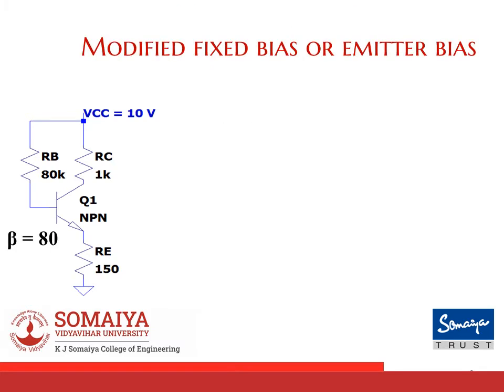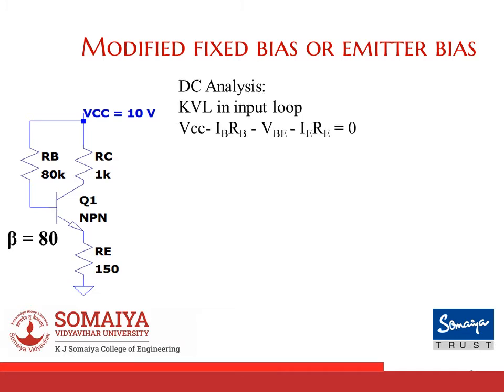Now the analysis for modified fixed bias or emitter bias. We've already seen the KVL equation. We'll use the KVL equation to find IB. So the KVL equation: VCC minus IB RB minus VBE minus IE RE is equal to 0. I can split IE to be written as IC plus IB. Further, I can write IC as beta times IB so that I have all the currents in terms of IB.